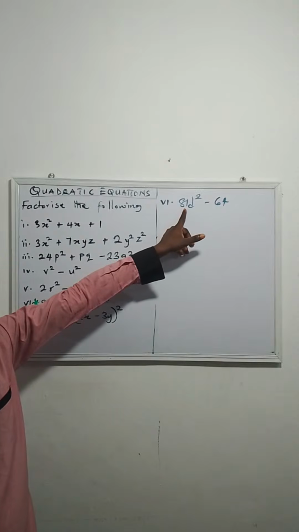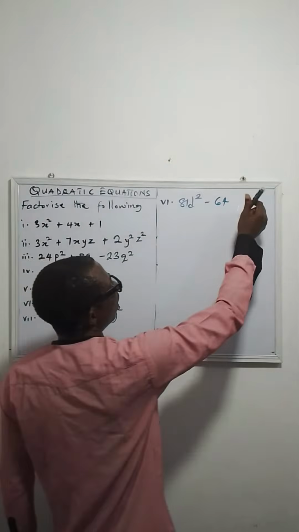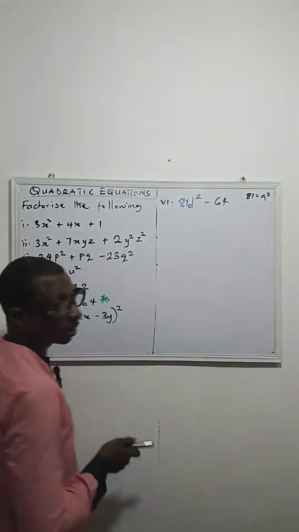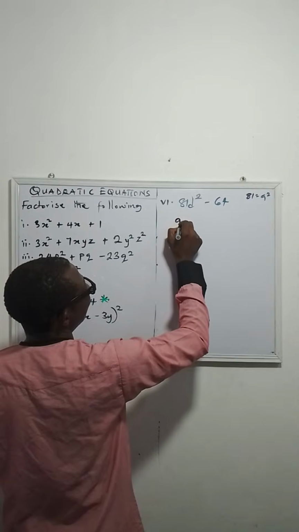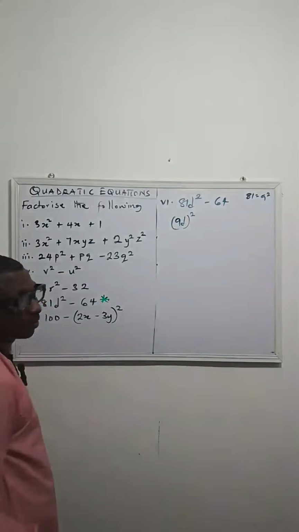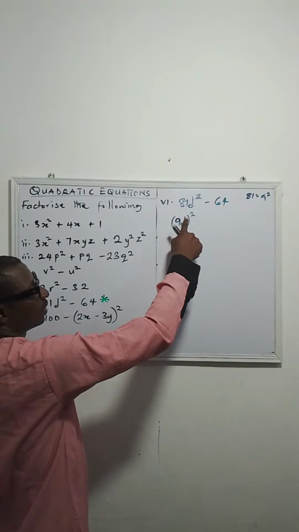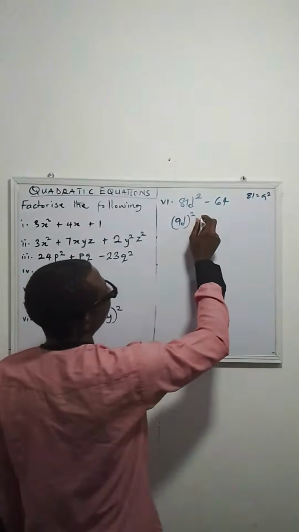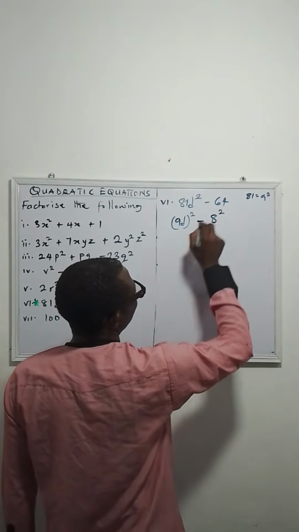It is a perfect square. So we can write 81 as 9 squared. So this turns to 9d squared, because if you square this, you are going to have 81d squared. So this power of 2 is now affecting the d and 9. Minus this is a perfect square, that's 8 squared.